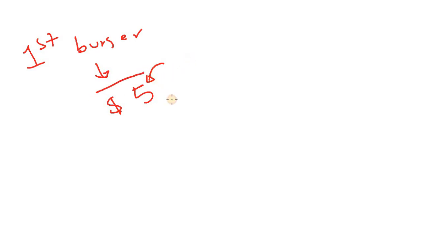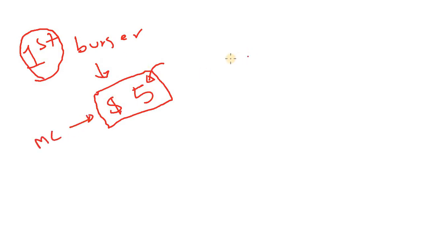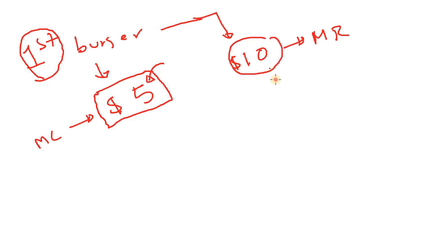This is the extra amount that you need to put into your shop to make this first burger. So this is your marginal cost, let's assume. And let's say you're selling this burger to a buyer at, let's say, $10. So this is your marginal revenue.